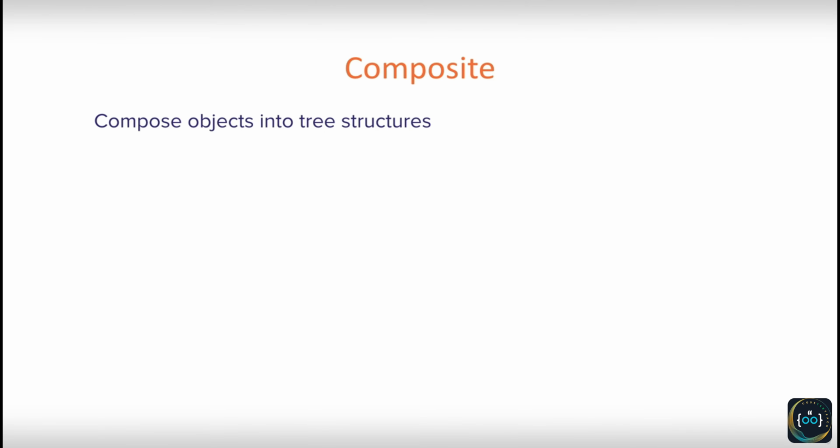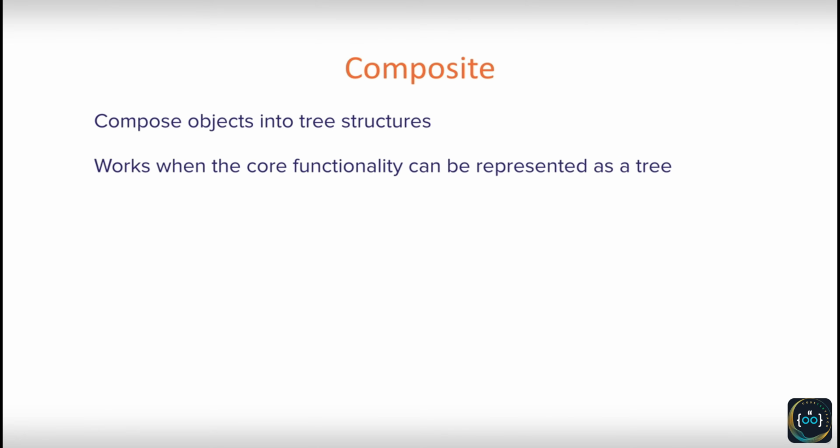So the composite design pattern allows us to structure objects into trees. And it works really well when the functionality can be represented as a tree. Whenever we have this kind of structure, it can be a tree, it can be a graph. As long as we have a way of navigating that structure, then we can apply the composite pattern.